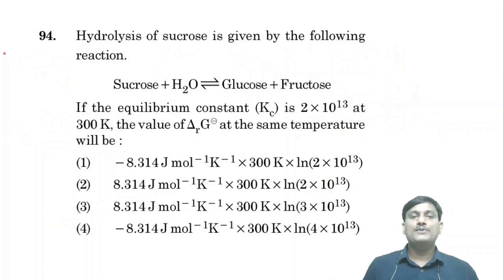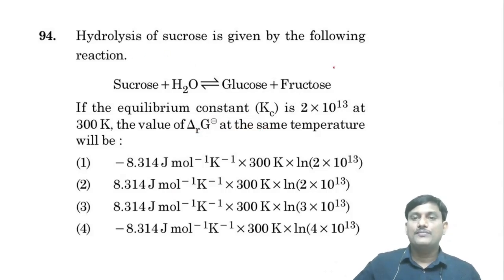Here hydrolysis of sucrose is given by the following reaction. Sucrose plus H2O gives rise to glucose plus fructose. If the equilibrium constant Kc is 2 into 10 to the power of 13 at 300 Kelvin, the value of delta G naught at the same temperature will be.